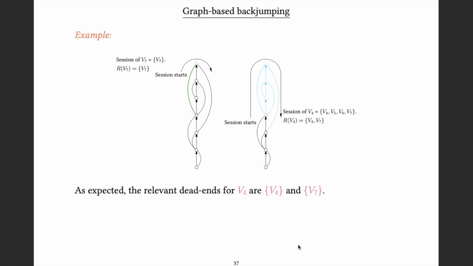So it includes v4, v5, v6 and v7. Now the relevant dead ends for v4 are initialized to be only v4, but when we backtrack from v7, we collect together v4's relevant dead ends and v7's relevant dead ends, which updates the relevant dead ends for v4 to now include v4 and v7.